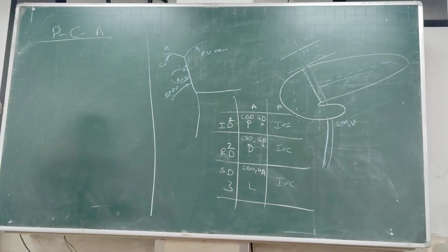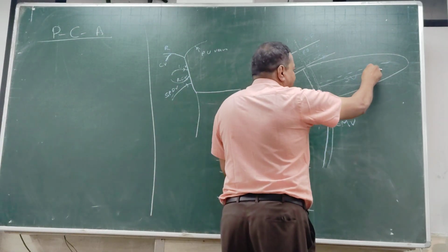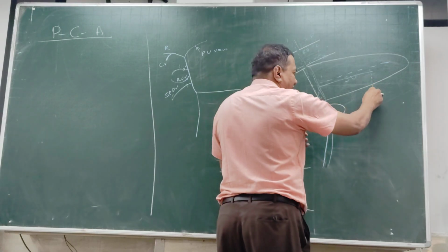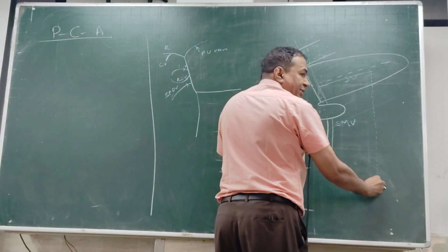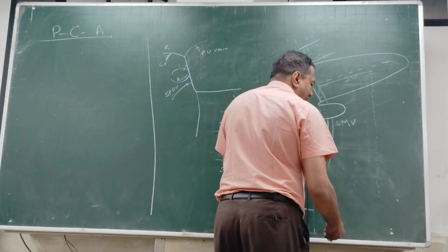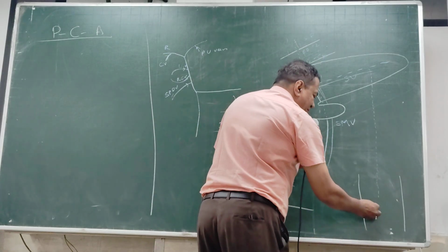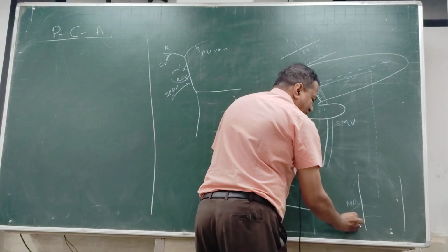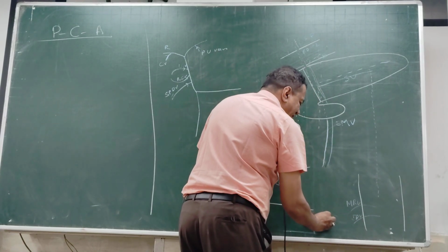For example, draining into the splenic vein is the inferior mesenteric vein, which is continuation of superior rectal vein, which is draining the anal canal. Now, anal canal is also drained by middle rectal vein and inferior rectal vein, which are ultimately draining into IVC.